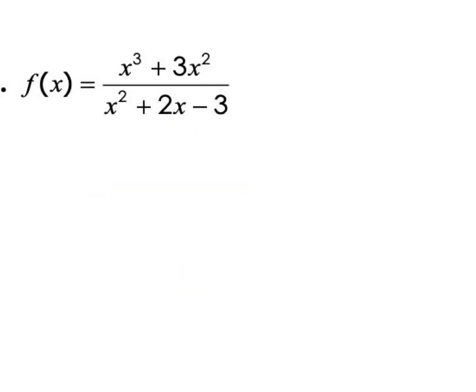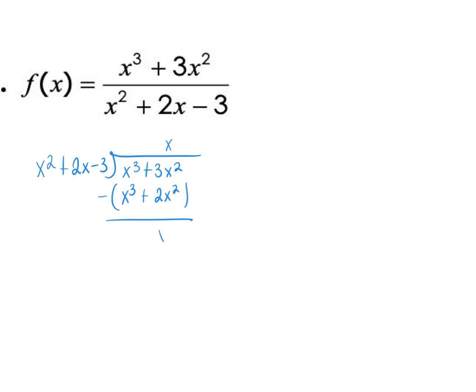Here we have x cubed plus 3x squared over x squared plus 2x minus 3. So we're going to multiply by x, because x squared times x is x cubed plus 2x squared.